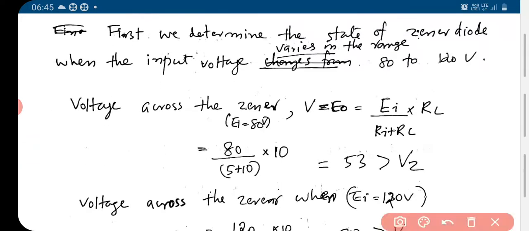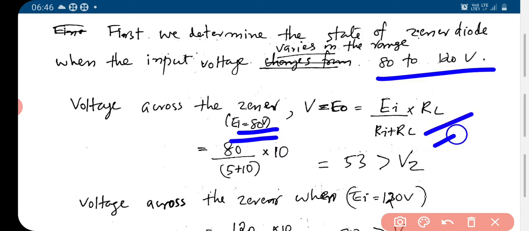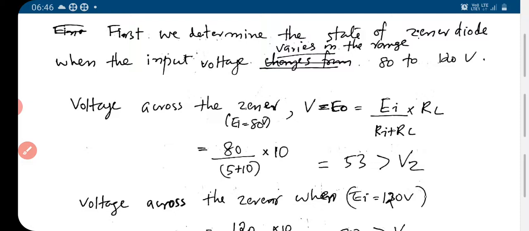The input voltage can vary from 80 to 120 volt. If the input voltage is 80 volt, and we try to find the open circuit voltage across the Zener, that is given by 53 volt, which is greater than the Zener voltage, so the Zener is in the on state.